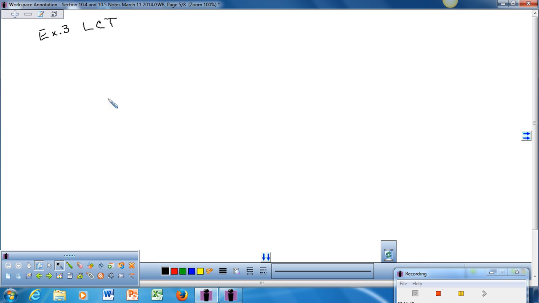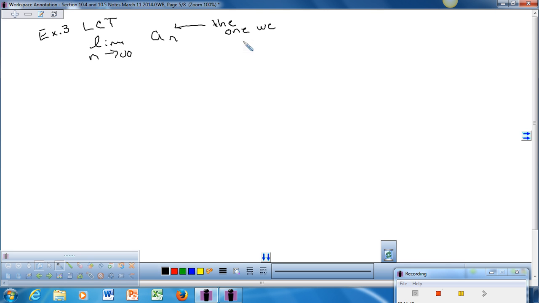All right, the way it works is we set up a limit as n goes to infinity of a series we're trying to figure out. So this is the one we're trying to figure out, over b sub n, which is a series that we know what happens.